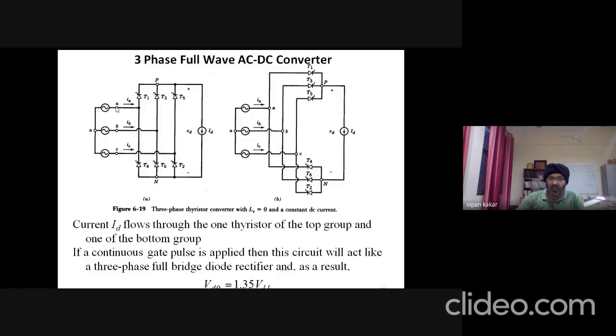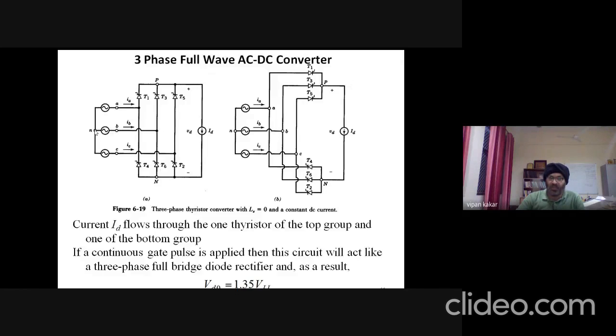The current starts from here, and N is now at the lower potential while A is at the higher potential in the positive half cycle. The IA current continues to flow through T1 because it is conducting, going through the load from top to bottom. T2 is off, only T6 is conducting, and now we come back to the neutral.